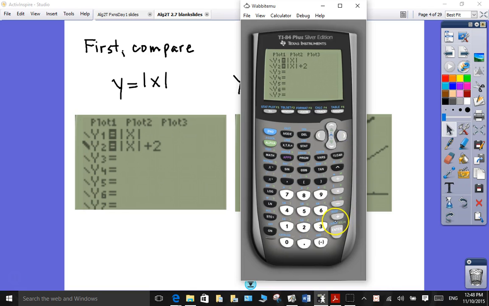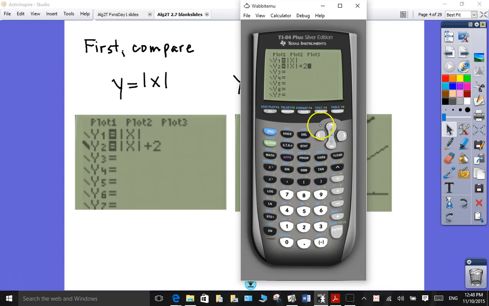Now this is a thing that you don't have to do, but I like to do when I'm comparing 2 graphs. I like to know which graph came from which equation. So if you scroll all the way over into the left margin there, and then hit enter, it'll turn the line, which is right now a thin line, into a fat line. And you'll be sure which graph came from which one.